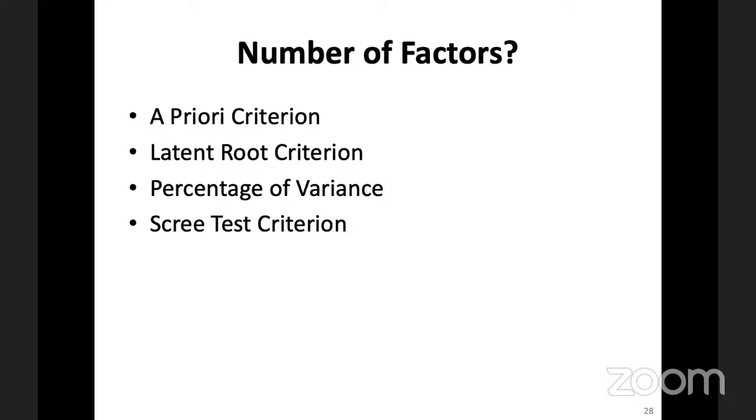So how many factors should there be? We have these four criteria. One is the a priori criterion, based on whatever other researchers are using. The second is the latent root criterion, third is percentage of variance, and fourth is the scree plot.